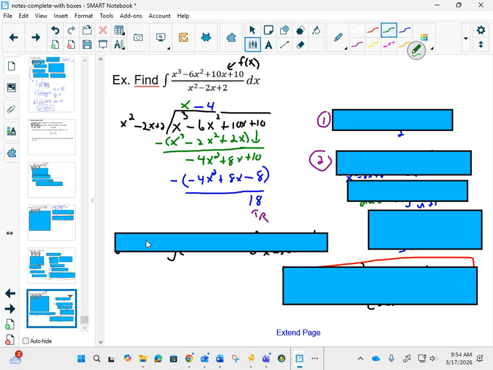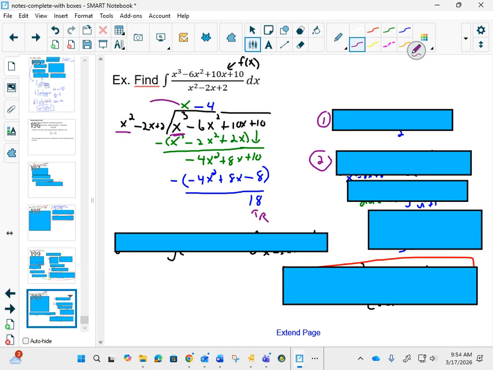Okay? What you're doing to start off with, after you've written out what's in black, you look at this first term, which is x cubed, and you look at the first term that you have in whatever you're dividing by, which is x squared, and you say, what would I have to multiply x squared by to get x cubed? That's my green x.